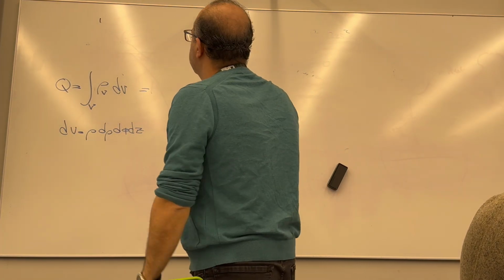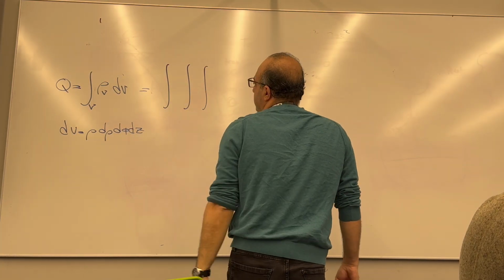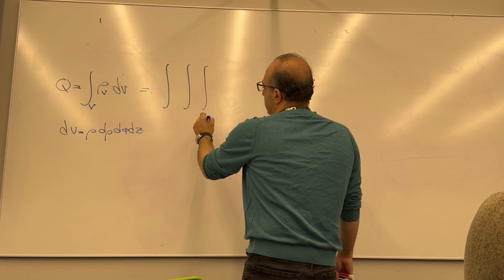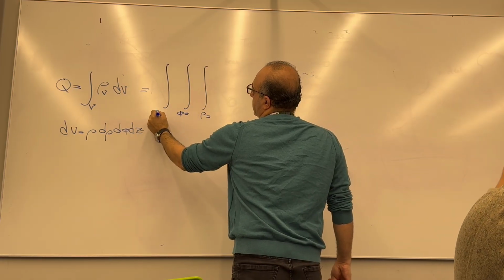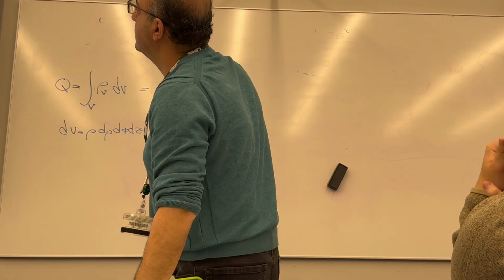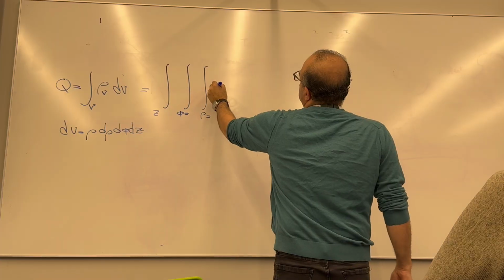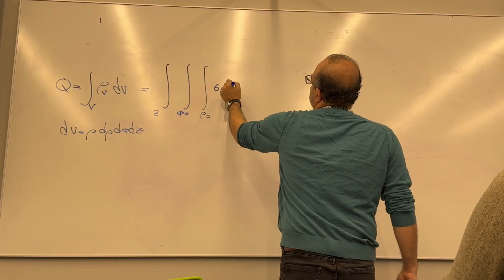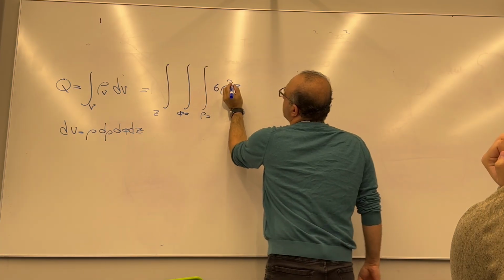Then there's going to be a triple integral of rho d rho d phi dz. What is the rho? It's going to be 6 rho 2z. Then we have another rho here, which is going to be rho 3.